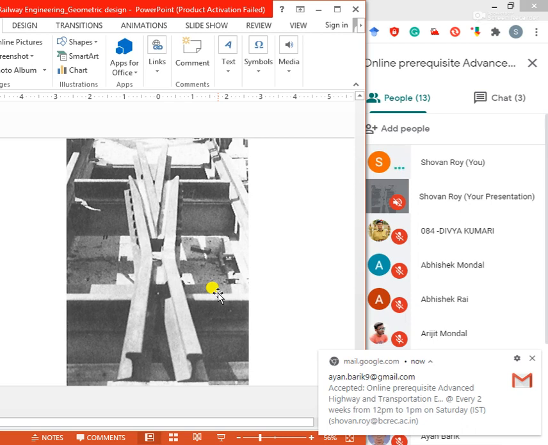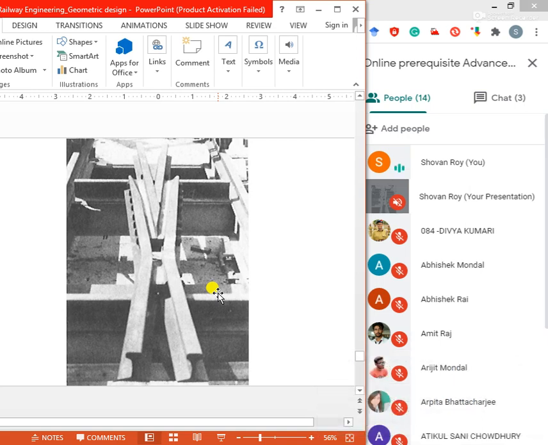Suppose on behalf of any company you are a site engineer and you are supposed to make a railway track or railway section, or you are connecting two stations with some railway track.